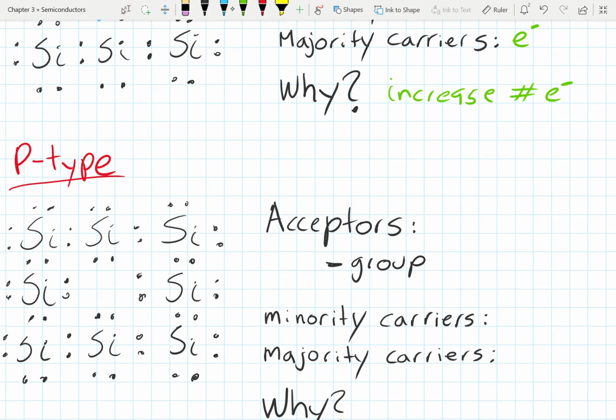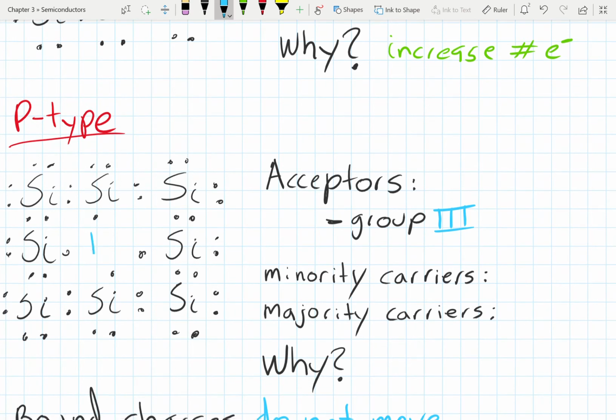Let's get rid again of this silicon atom and its 4 electrons, and instead of adding atoms from group 5, let's add atoms from group 3. The atoms from group 3, let's say boron is a typical one here, have 3 valence electrons. So here 1, 2, 3 electrons, and we end up with a hole right here.